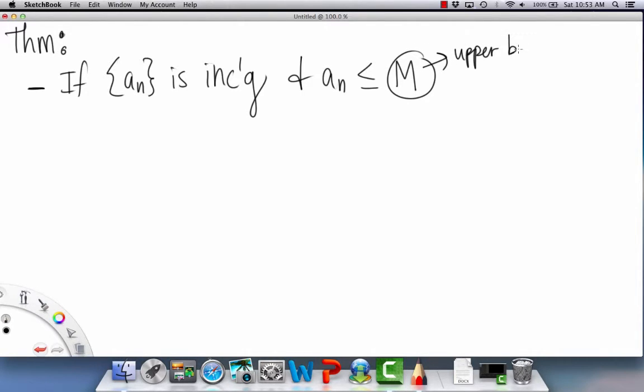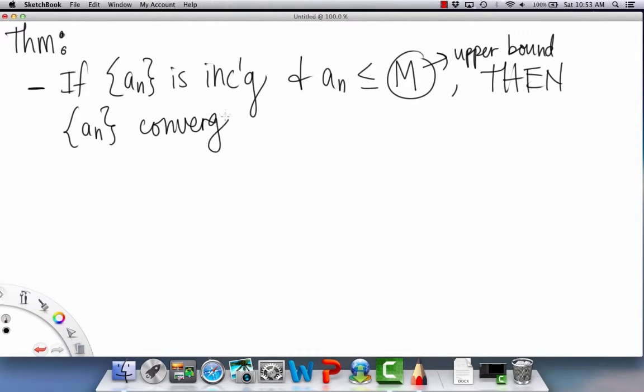This is what our sequence has to stay below or equal to. Then we know that our sequence AN converges, and the limit of AN must be less than or equal to M.